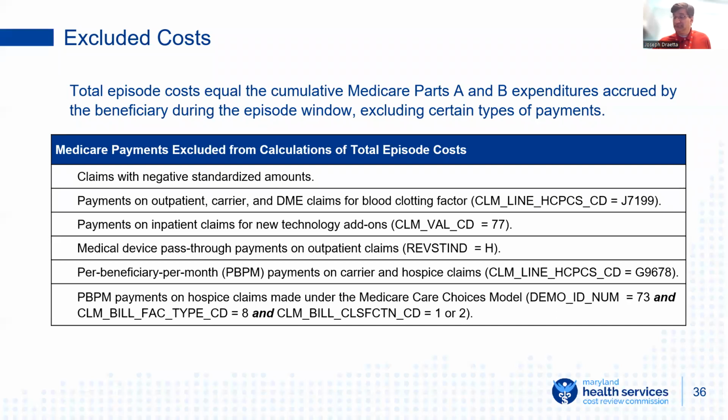So everything that we're going to go through as we describe how to calculate the episode cost is really in service to two sets of goals. One, from a policy perspective, we want to make sure that the evaluation of episode payments is equitable, that we are accurately measuring as close to the total cost of care as we can for these beneficiaries.